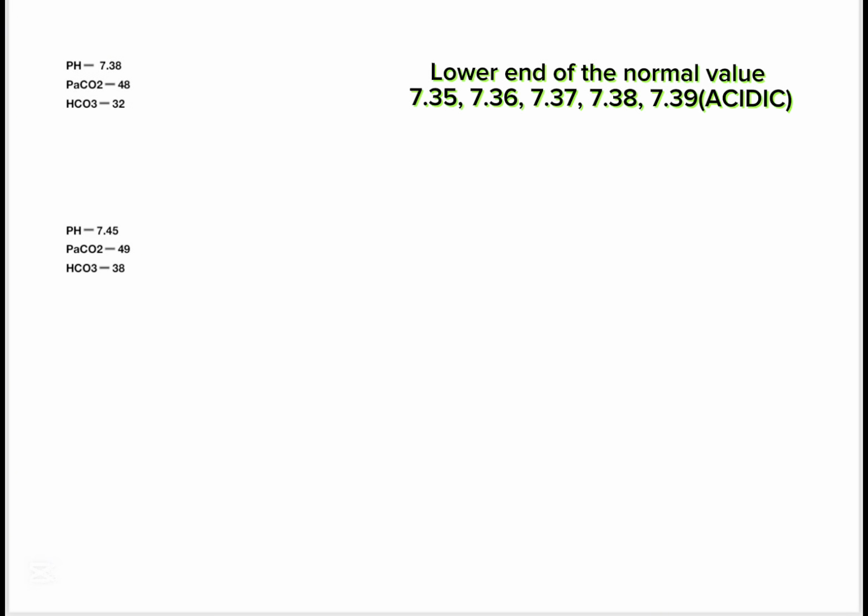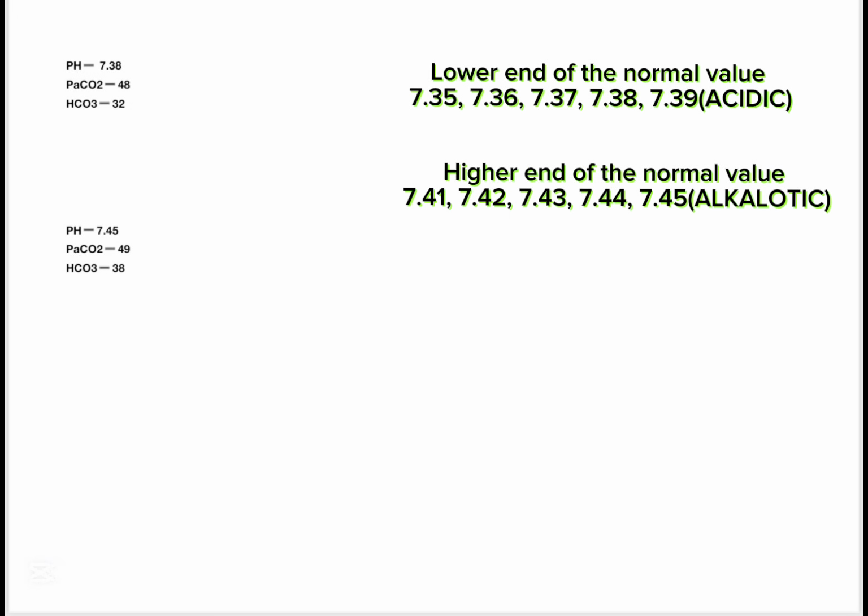While 7.41 to 7.45 is at the higher end of the normal value, so those values are said to be alkalotic. So now, having analyzed that, we can say 7.38 is acidosis.